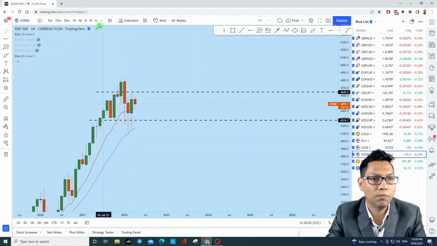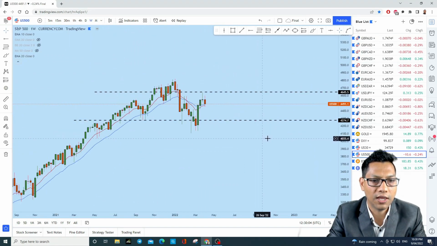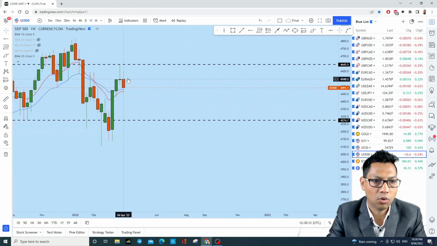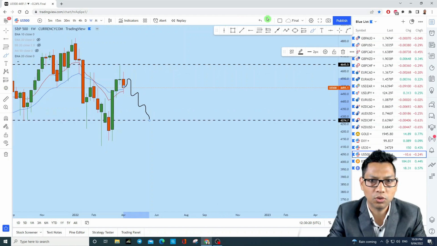If you go to the weekly, it will move in this support and resistance. This is the weekly candle close. So what we might see in the new trading week is the price going up a little bit and coming down. So this could be the situation with the weekly.